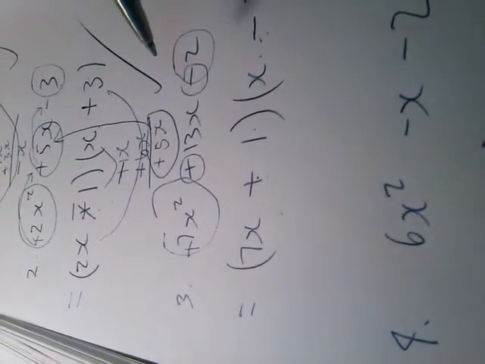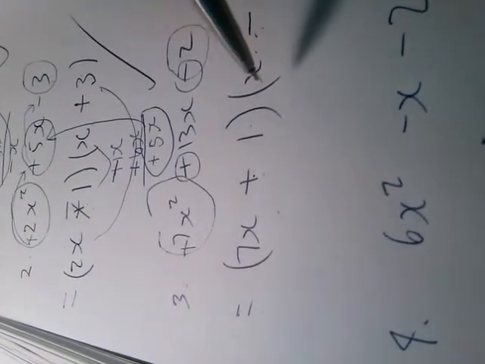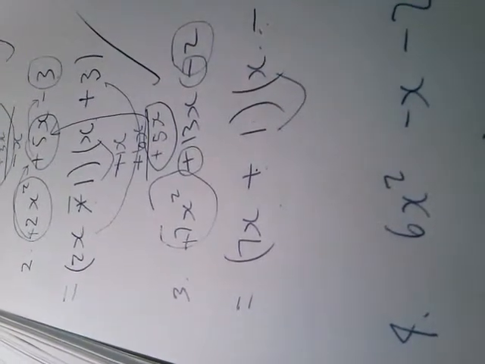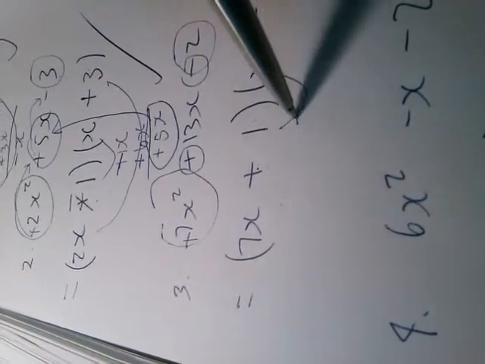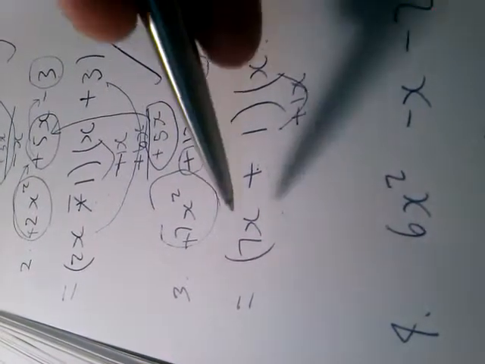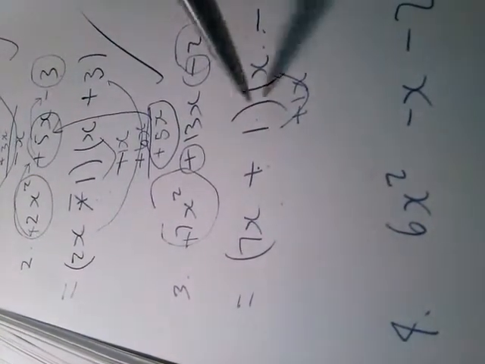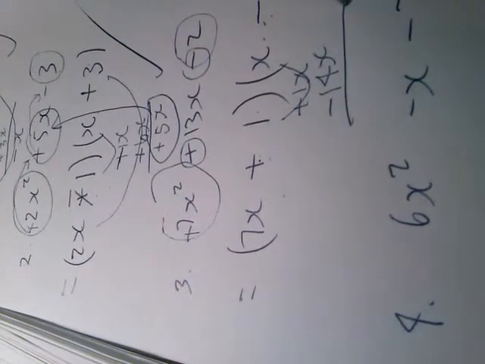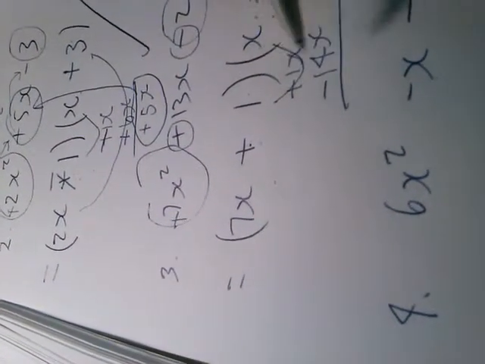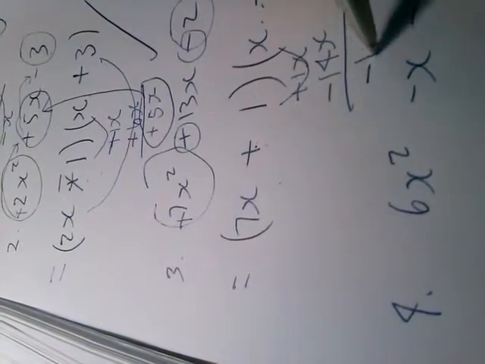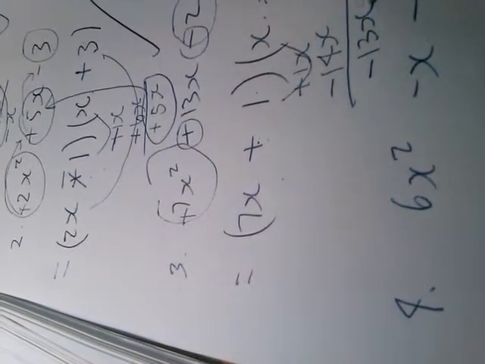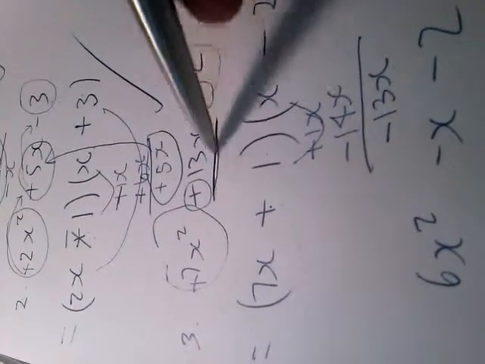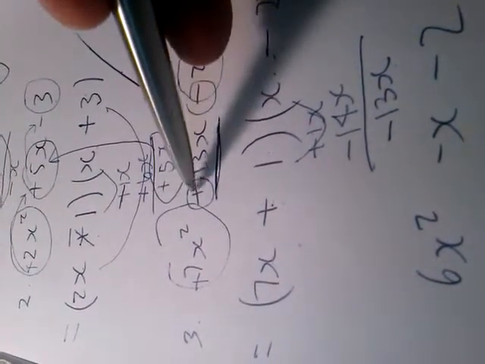Now I need to check my answer. Here, 1 times x gives me plus 1x, and 7x times minus 2 gives me minus 14x. Adding plus 1 minus 14 will give me negative 13x, which is again not exactly the same as the middle term here, because that's a positive.